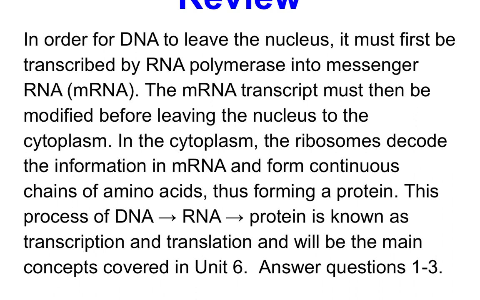In the cytoplasm, the ribosomes decode that information in the mRNA and form continuous chains of amino acids, which linked together ultimately form a protein. This process of DNA to RNA to protein is what we call transcription and translation, central dogma, if you will. And it will be the main concepts that are covered in Unit 6.